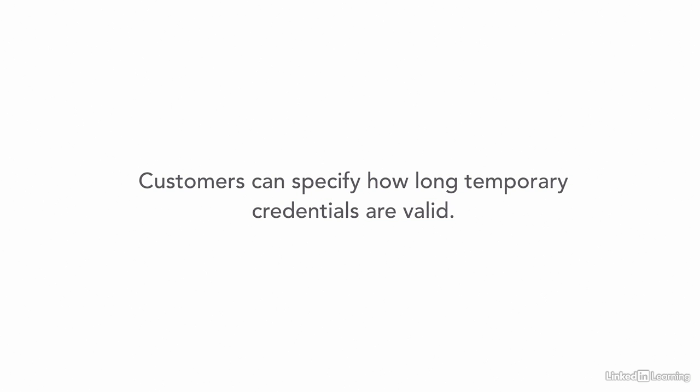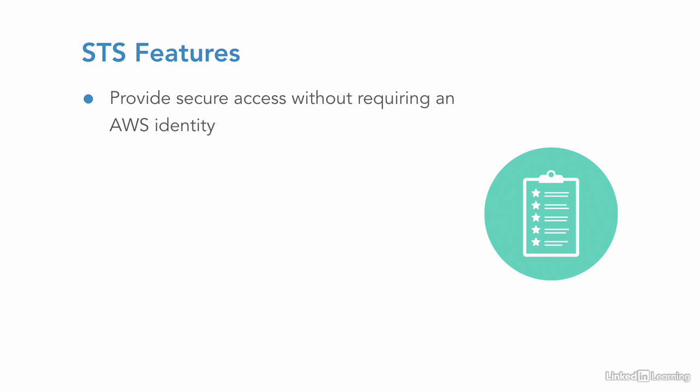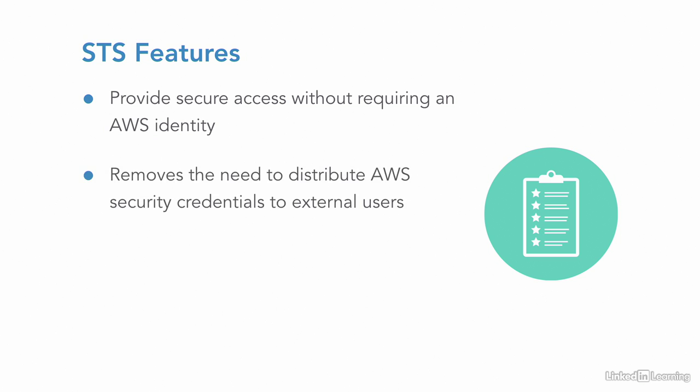Customers, that's you, can specify how long the temporary credentials are valid, from 15 minutes to 36 hours. One of the biggest features of the STS, the Security Token Service, is the ability of providing secure access without requiring an additional AWS identity. Using STS removes the need to distribute any security credentials to external users. And it supports, of course, single sign-on, and it also supports multi-factor authentication.